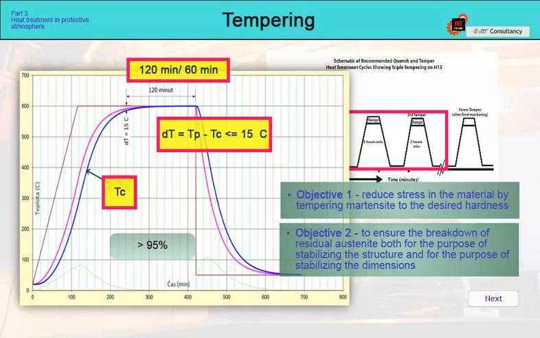The resulting hardness depends not only on temperature, but also on time, and changing the delta T parameter means a significant intervention in both the tempering holding time and the resulting hardness.